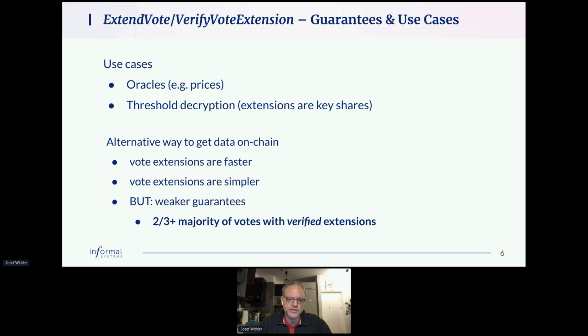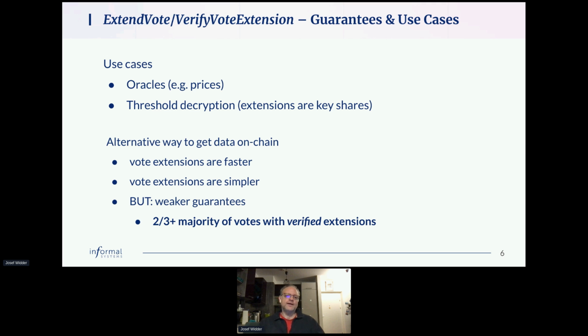Vote extensions are faster and simpler, but they have weaker guarantees. They don't go through the whole consensus. So the only property, roughly speaking, that you have is that a 2/3 majority of the votes have verified extensions. There are no guarantees about agreement, but you have the property that 2/3 of the extensions are verified and have been checked by the application.